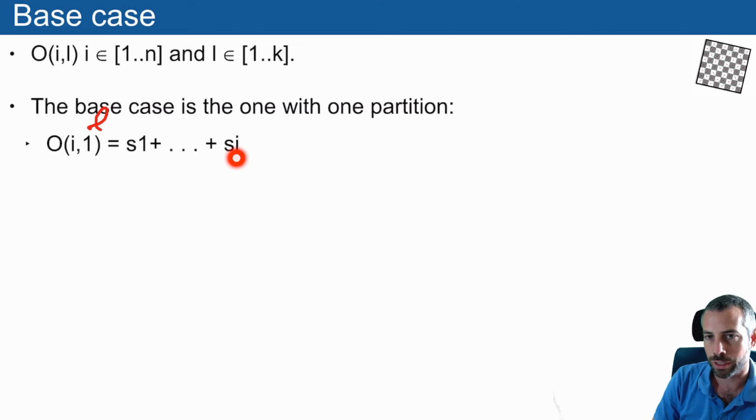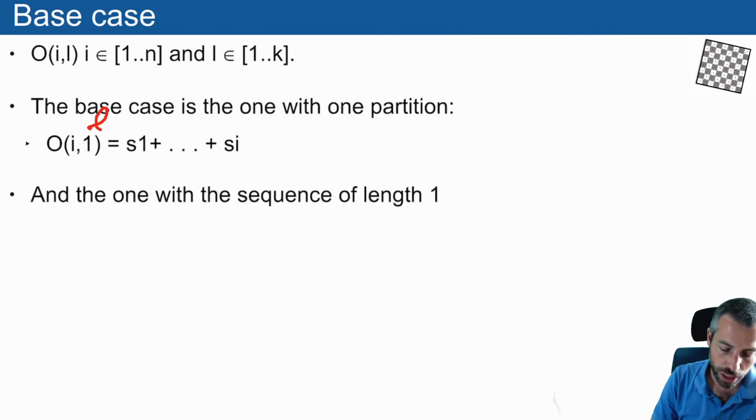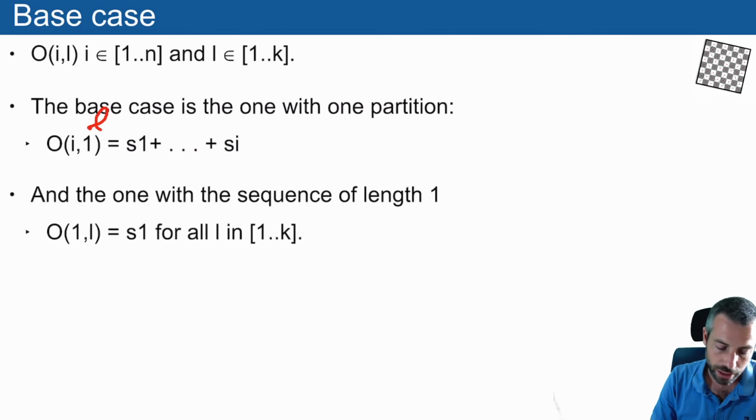You just make the summation of all of them. And there is also the sequence of length 1. If you have a sequence of length 1, whatever the number of partitions, you can only take this single element, which is restricted here by I equal to 1 in the recurrence. So this is the base case.